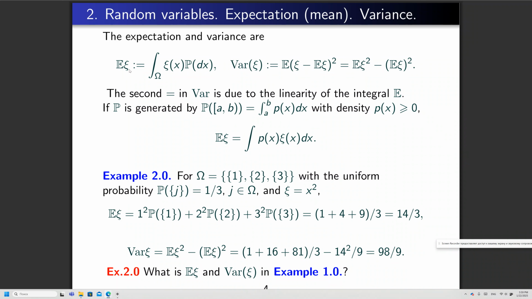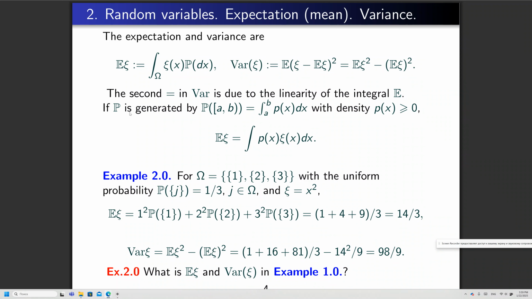This is a functional, this is just a number, this is a linear functional because the integral is linear, and using the definition of expectation, we can define the variance. Variance is the expectation of xi minus expectation of xi, power 2. Opening the brackets, we obtain this identity, again using the linearity of the expectation.